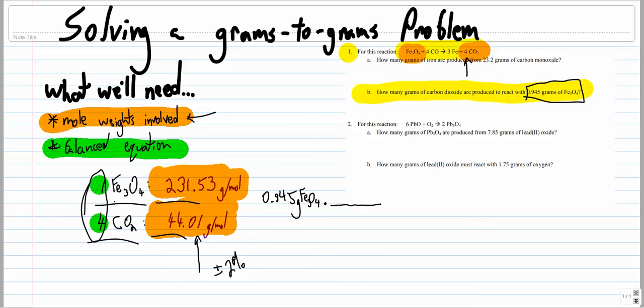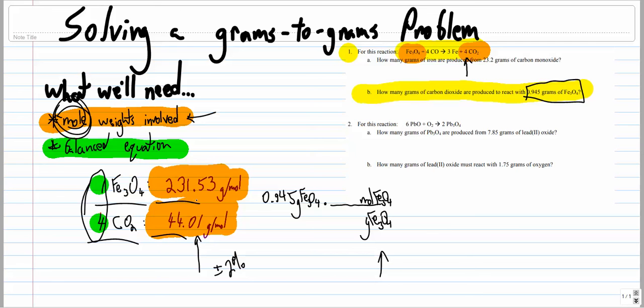So I need to get it into moles first. I need to get rid of grams of Fe3O4, and I need to go to moles of Fe3O4. And if you think I'm writing too much stuff here, writing my compound formulas every time and my grams, my moles, I'll mess up if I don't do it. So that's why I do it.